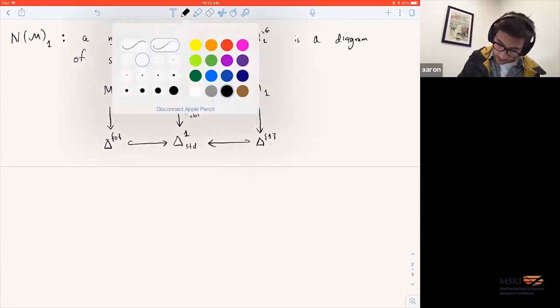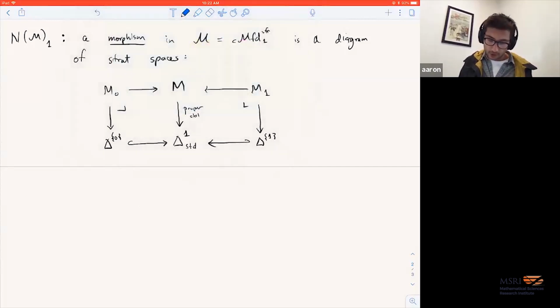Okay, so sorry, I stopped talking in the middle of that. So this is the standardly stratified one simplex. So first, let me just draw a picture. It's a one simplex. In particular, it's a topological space, but it also has a stratification, and it looks like this.